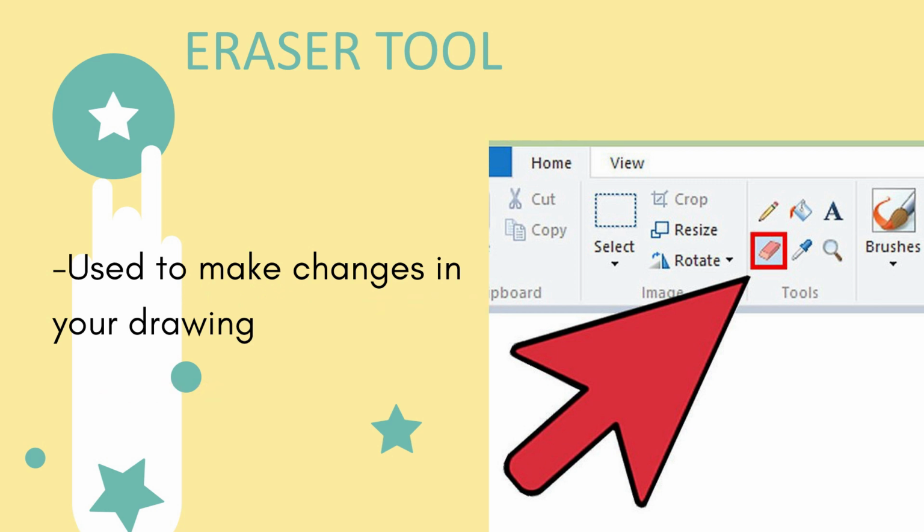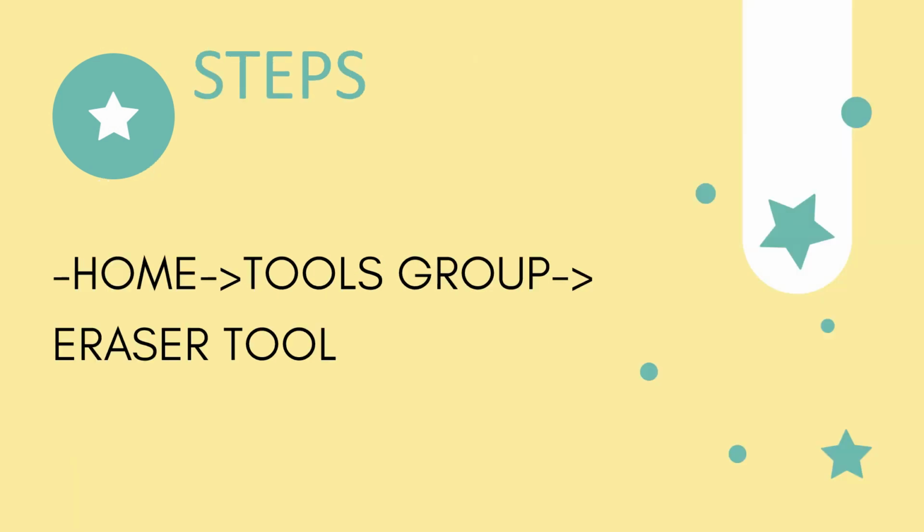Let's see how we can erase pictures in Microsoft Paint. Steps to use eraser tool. Click on the Home tab. In the Tools group, click on the Eraser tool. Click and hold the left mouse button on the part of the drawing you want to erase. Drag the mouse over to erase that.